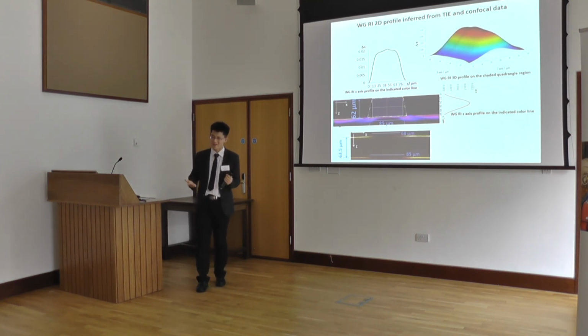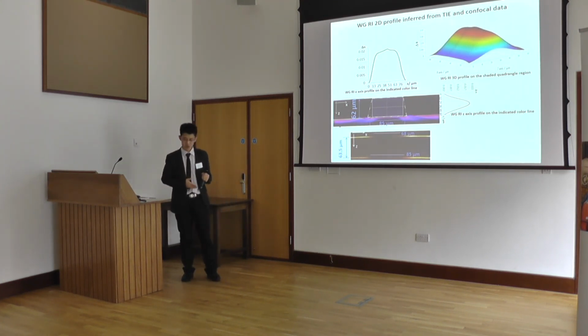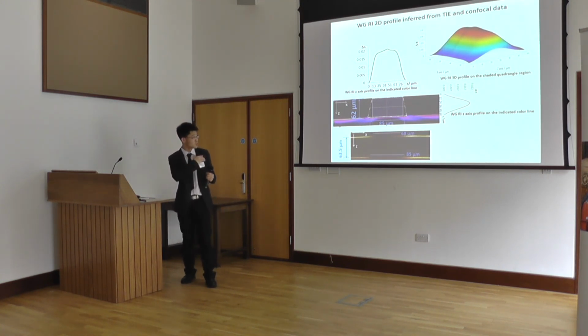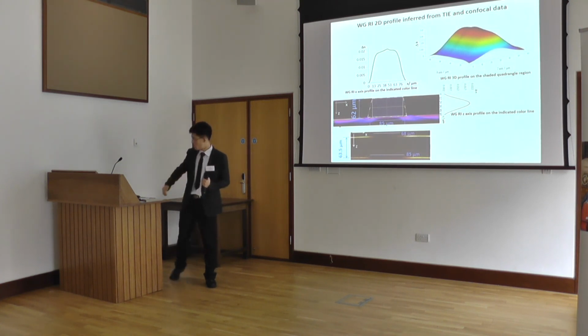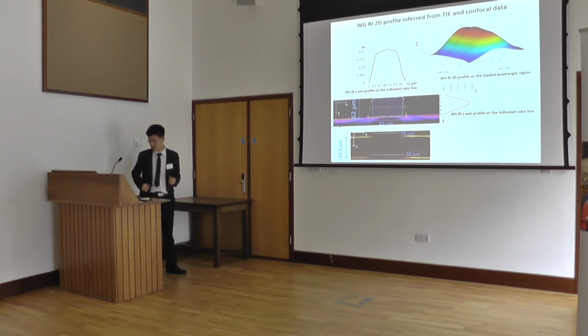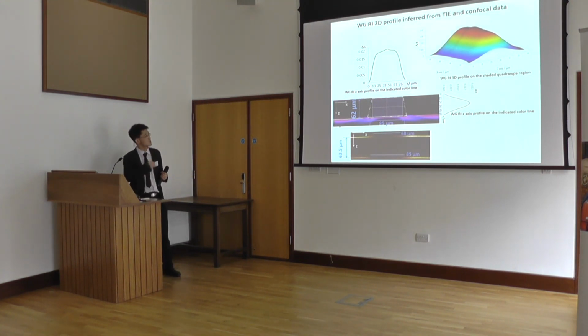What if you don't have a clear interface? That's what I'm trying to do at the moment. I'm trying to use a different method to characterize, to measure, if the change is not a step change. If it is graded, then how can we make sure the measurement of the graded index is accurate?